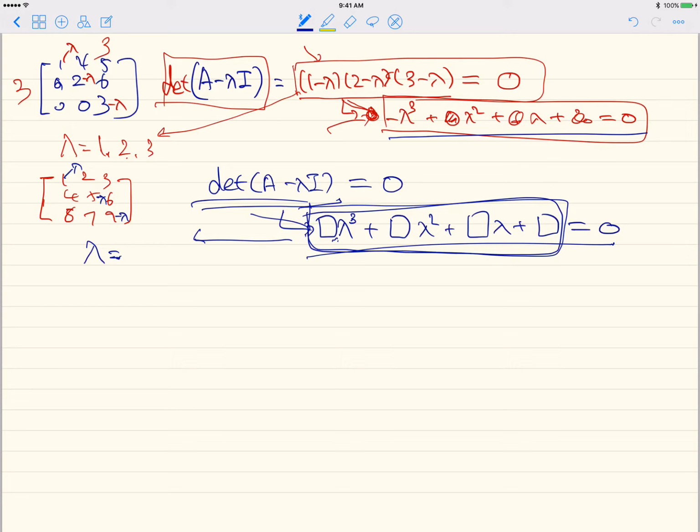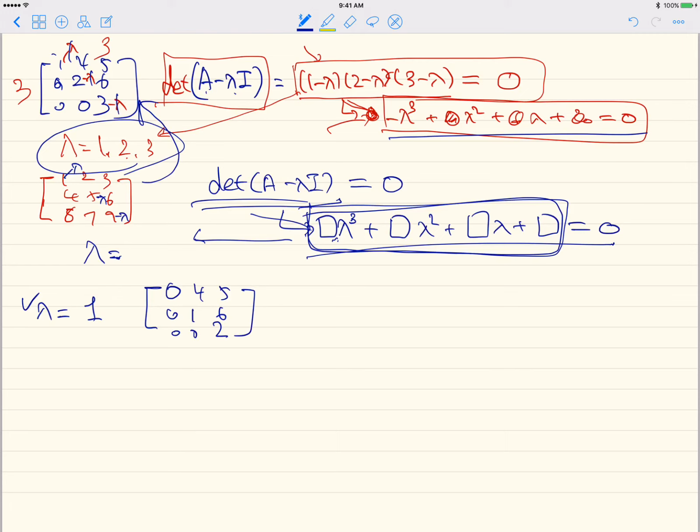So let's get back to this simpler example where we obtained lambda as 1, 2, 3. Okay, and then we obtained eigenvalues here, and the next step is to obtain eigenvectors, right? So for each of the eigenvalues, suppose the eigenvalue was 1, and then we can form this A minus lambda I. 1 minus 1, 0, 1, 2, because we are subtracting 1 along the diagonal, 4, 5, 6, 0, 0, 0, right?